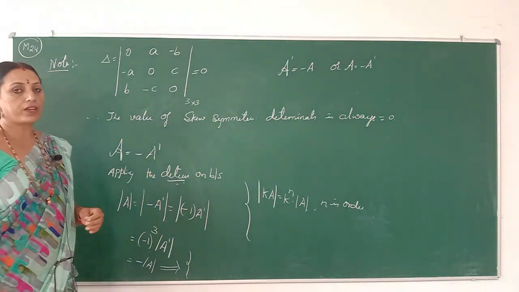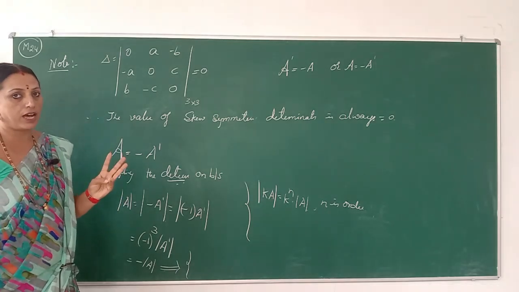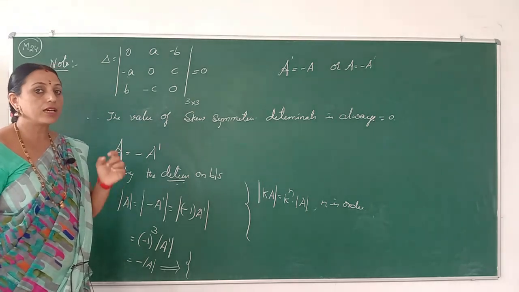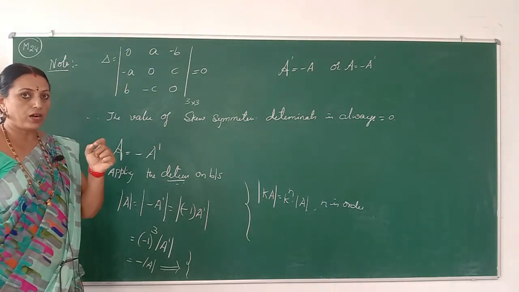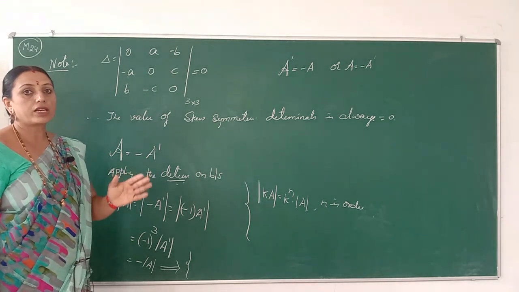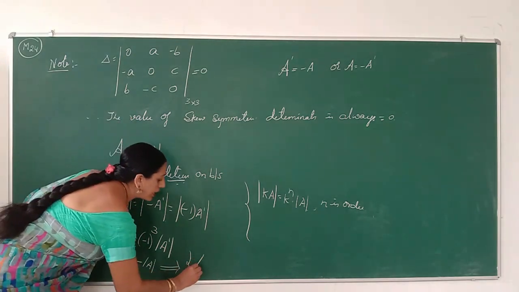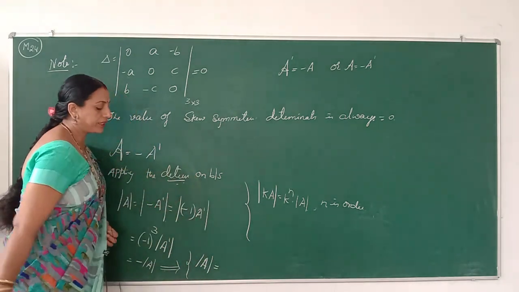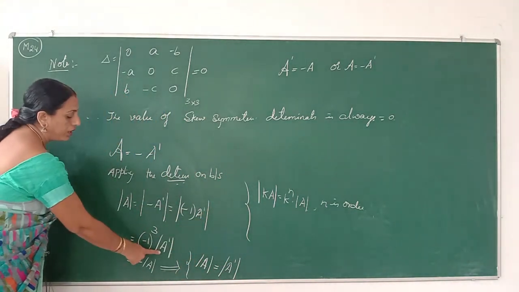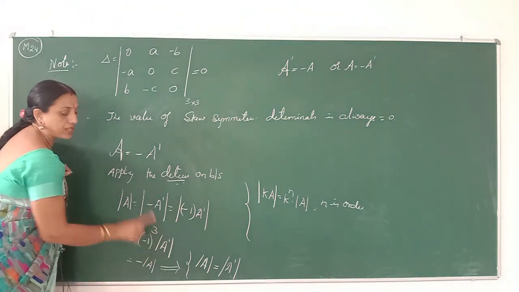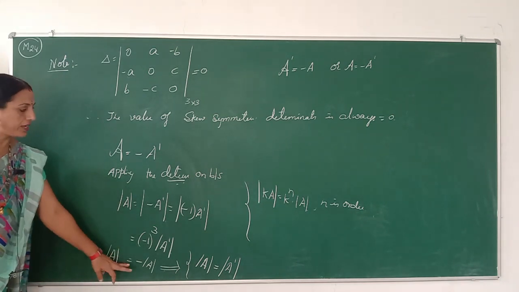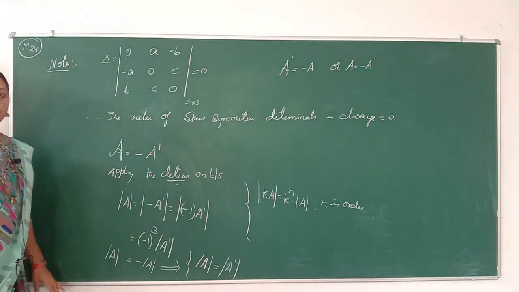What is the statement of the first property? If all the elements of rows and columns are interchanged, then the value of the determinant does not alter. That is denoted by determinant of A is equal to determinant of A dash. Therefore, on the left hand side, determinant of A is equal to minus determinant of A dash.